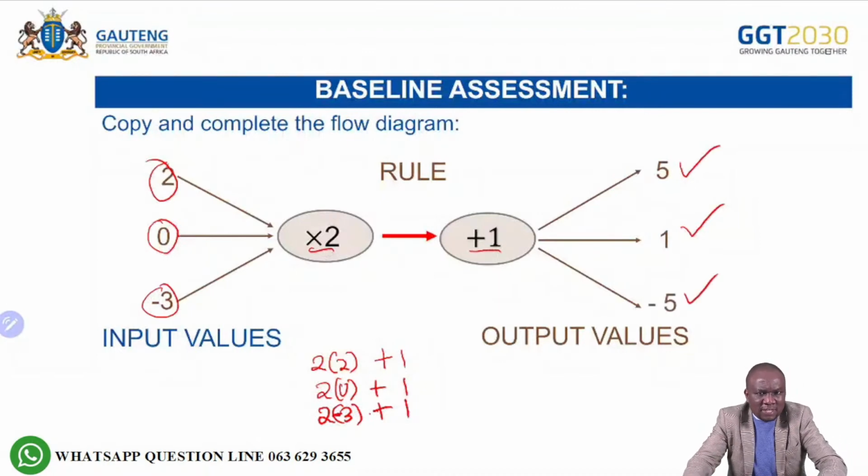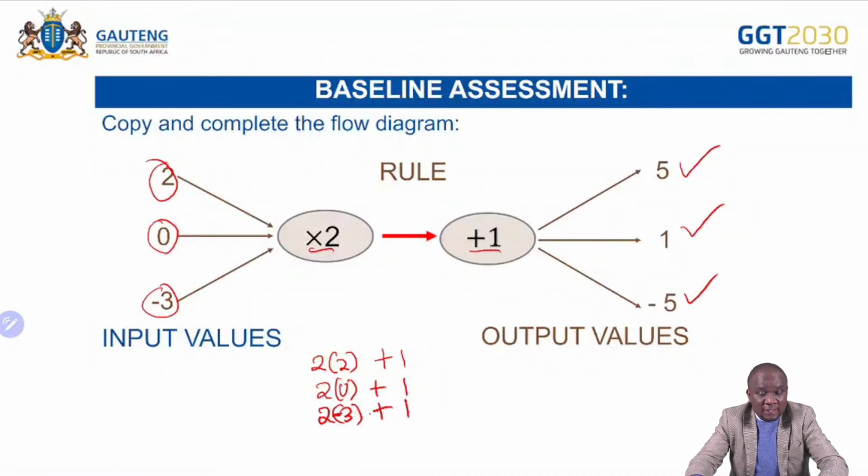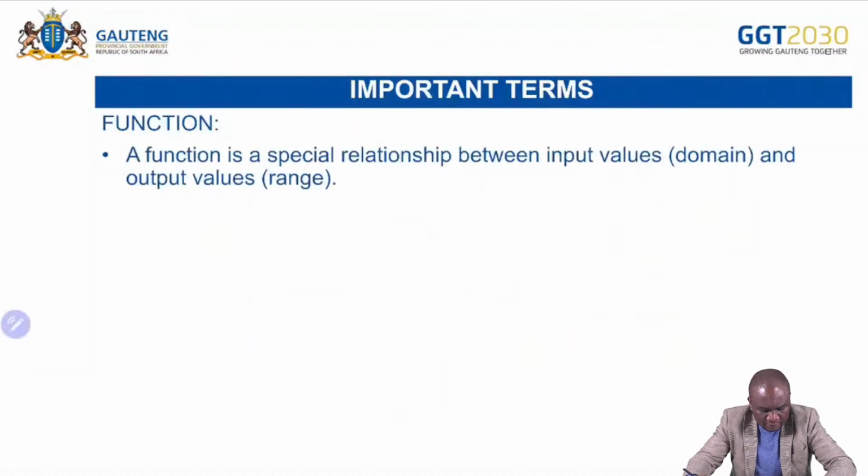Did you get everything correct? I hope so, grade 10s. Okay, it's easy. We don't need a lot of time to do corrections. I think we could have managed to do the corrections as we were giving the answers. Okay, let's continue. Please, if you need time, let me know.